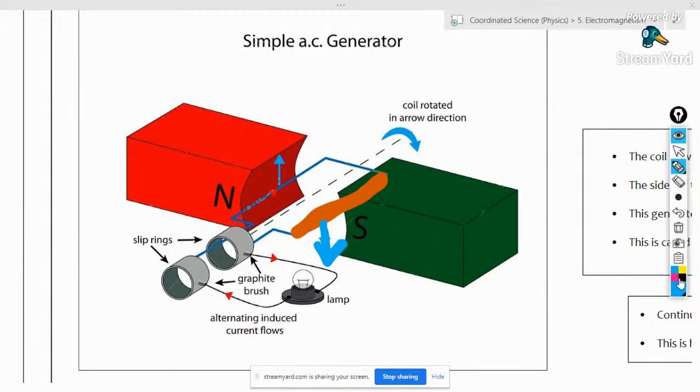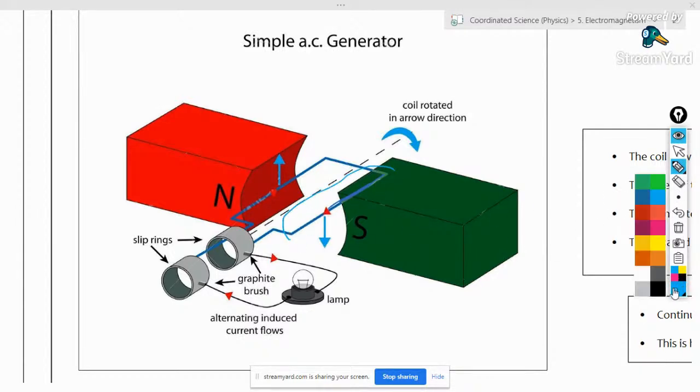And then on the other side, we have this side of the wire, which is moving in the upward direction because this thing is spinning. Okay? So one thing I want you to notice is that we're going to look only at this side of the wire for a second. This side of the wire, we said, is moving downward at the moment.